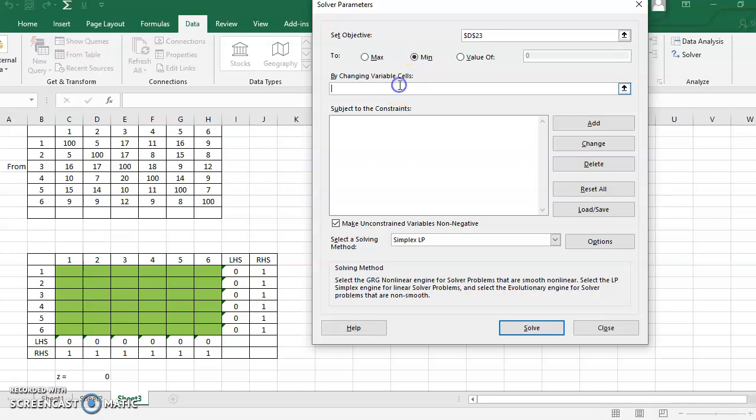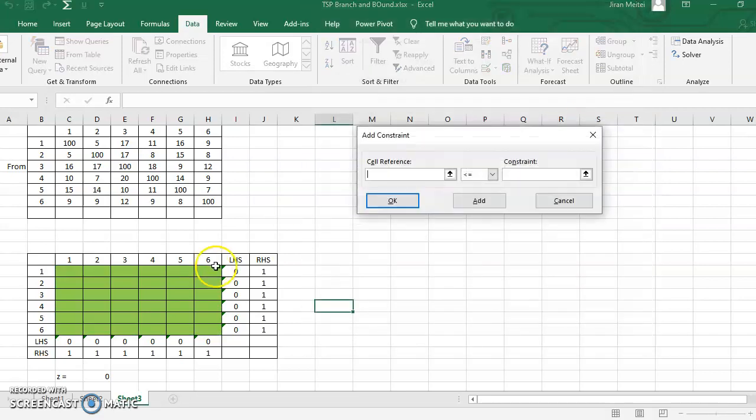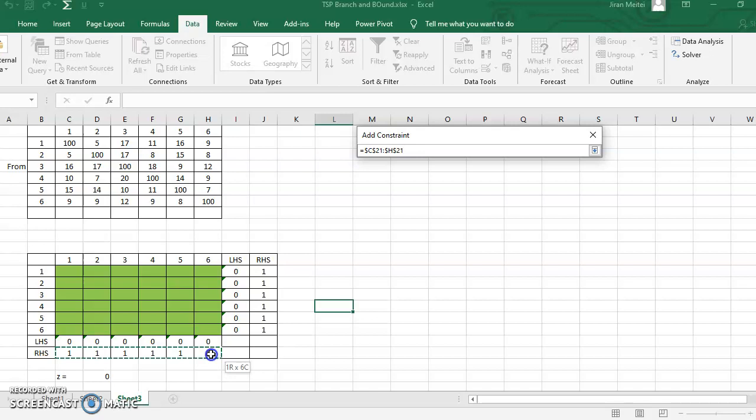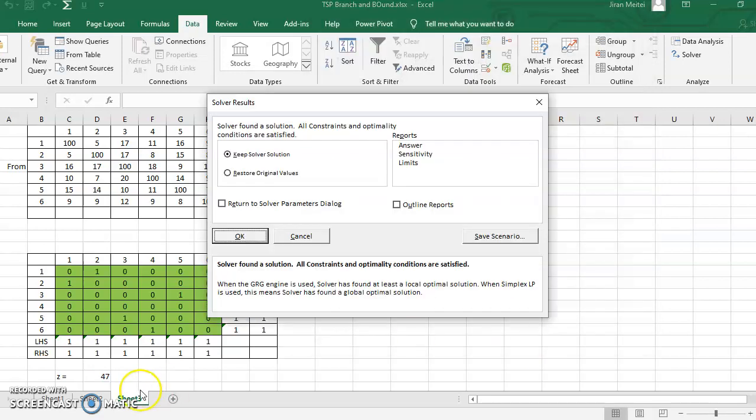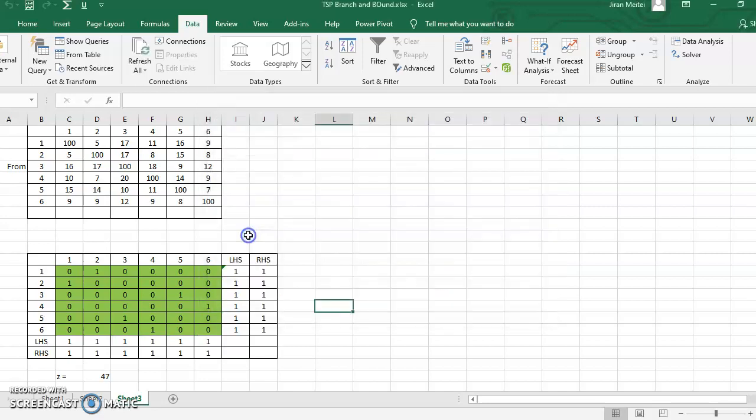The objective is minimization by changing this solution space, subject to the row constraints and the column constraints. This has to be ticked, and simplex has to be selected. Now it's solved. 47. The solver found a solution, and all the constraints and optimality conditions are satisfied.